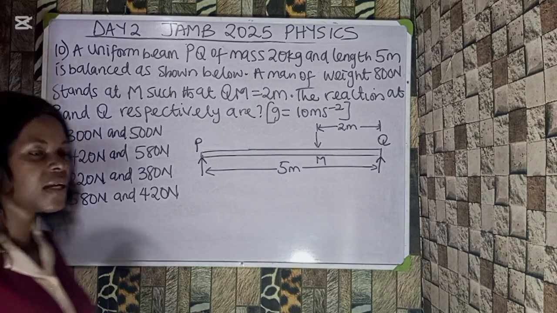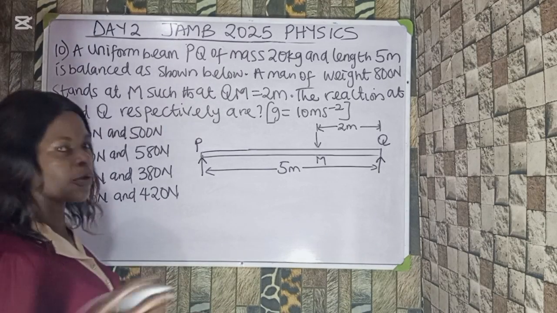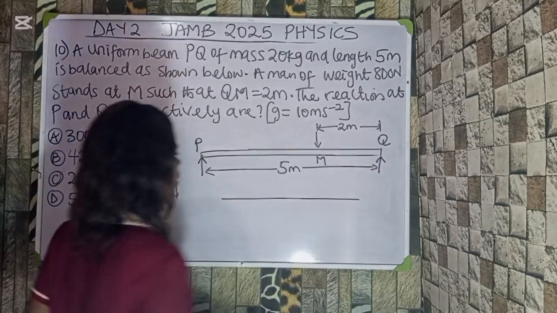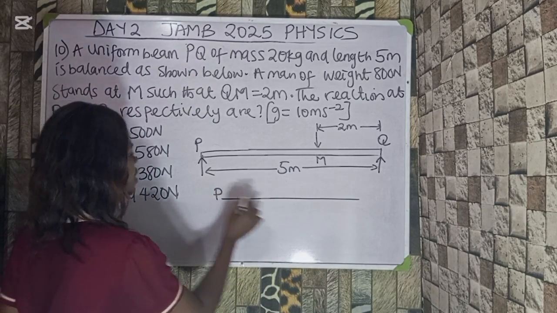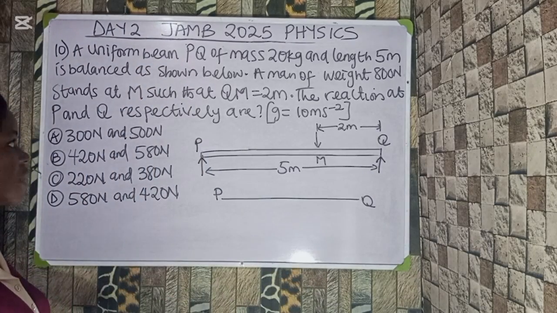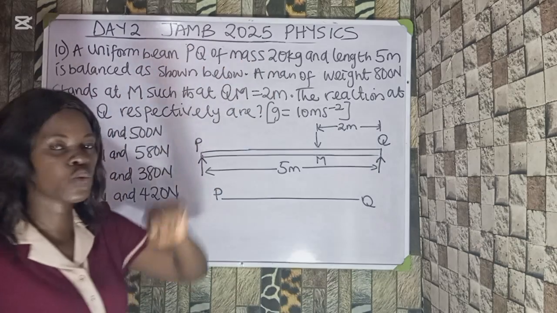So let's go. The first step is that we are going to rearrange this diagram, okay? We are going to sketch this diagram. So this is a uniform beam. This is P and this is Q, right? And the length of this is 5 meters. So take note, the mass of this beam is 20 kilograms.